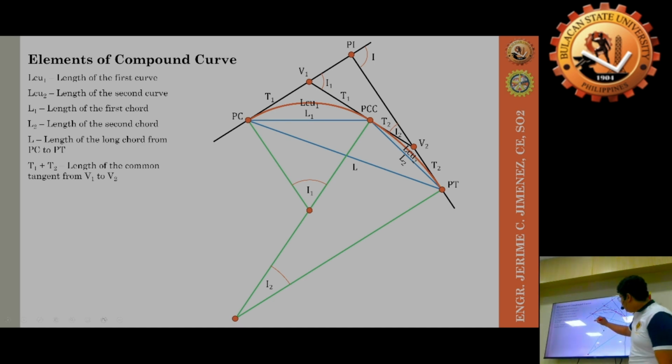So, therefore, this will be your R sub 1. Kung R sub 1 to ng first curve, magiging R sub 2 naman to ng second curve. Okay? Naintindihan po? So that these are the elements of the compound curvature.